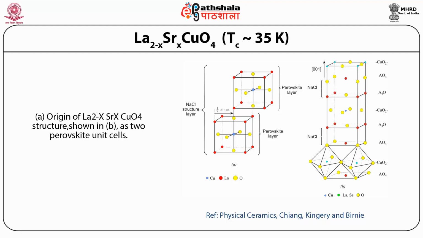So it is clear from the left figure that the top cube is the perovskite layer. So when two perovskite layers form, they form an NaCl structure layer. Moreover, you can see the two perovskite unit cells, that is one perovskite layer which we have discussed on the left hand side, and second is the layer having CuO2 and AO4 geometry.